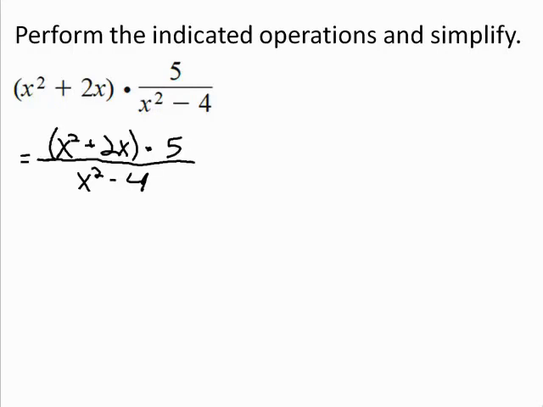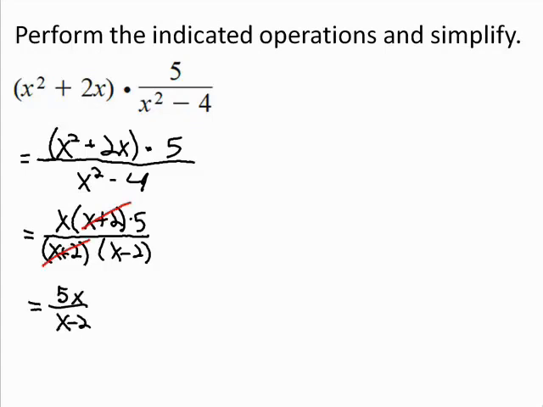The quantity x squared plus 2x times 5 divided by x squared minus 4. Factor an x out of x squared plus 2x, and factor x squared minus 4 into x plus 2 and x minus 2. There is an x plus 2 in both the numerator and denominator, so they cancel out. You are left with 5x divided by x minus 2.